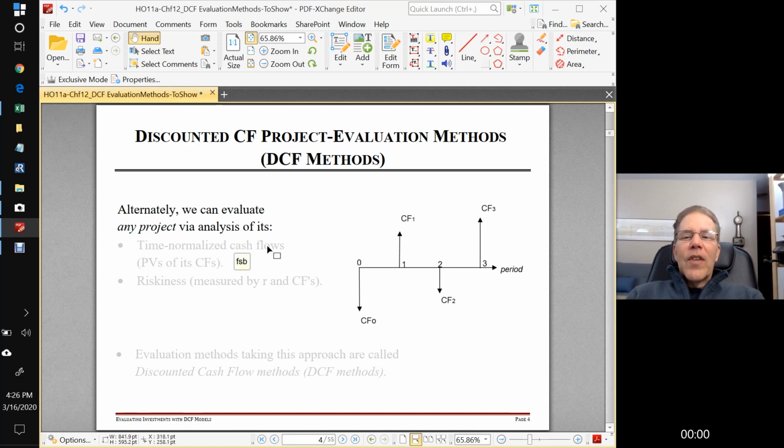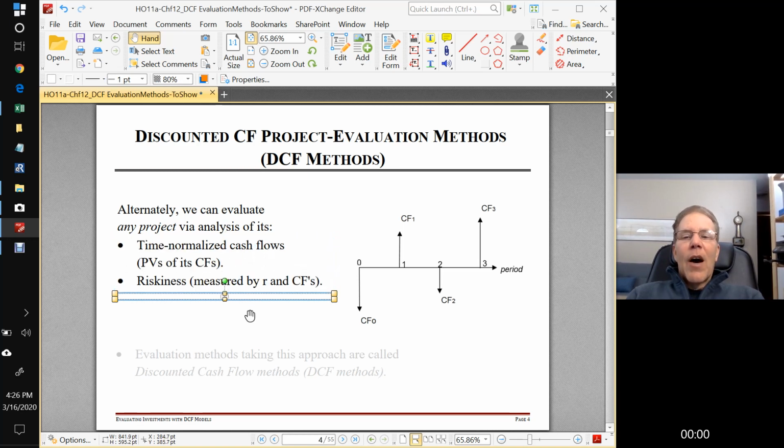The nice thing is that we can evaluate any project if we look at its time normalized cash flows. By time normalized, I mean the present value equivalent of each project's cash flow. So we have to remember the time value of money: this cash flow happens here in a year, but what's its equivalent at t equals 0?